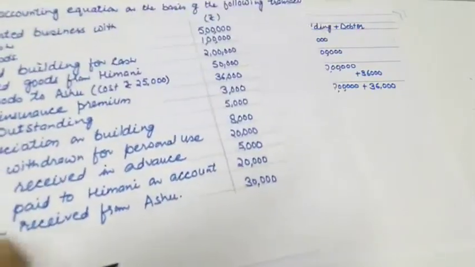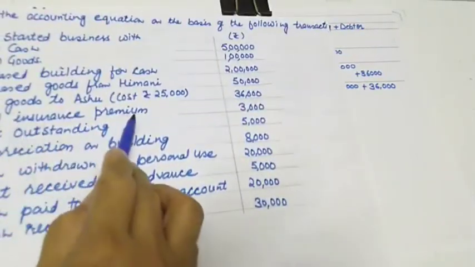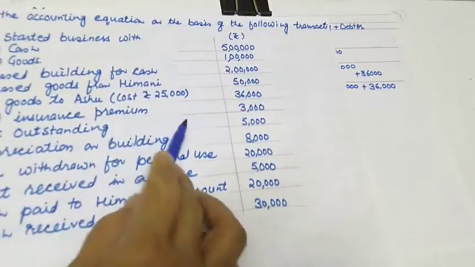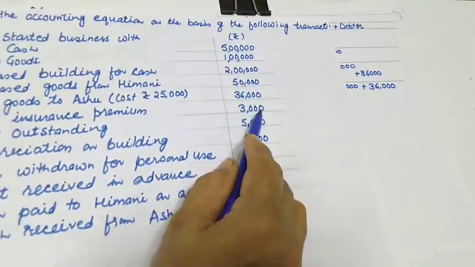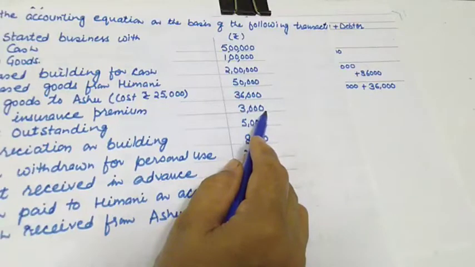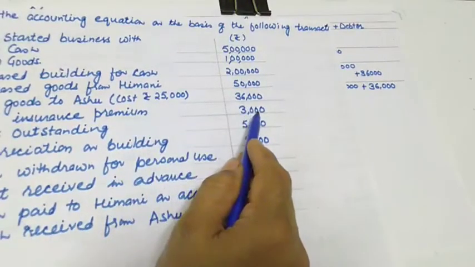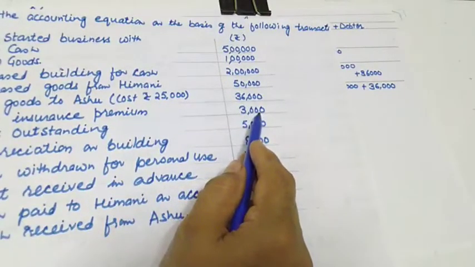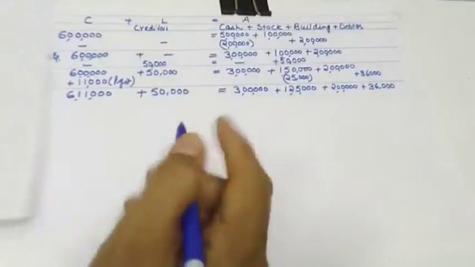Now next is paid insurance premium. So here you are paying insurance premium and nothing is mentioned whether this is prepaid or not. So we'll assume that it's an ordinary expense, and you know how to treat expense. Expenses are to be deducted from the capital as well as from cash.